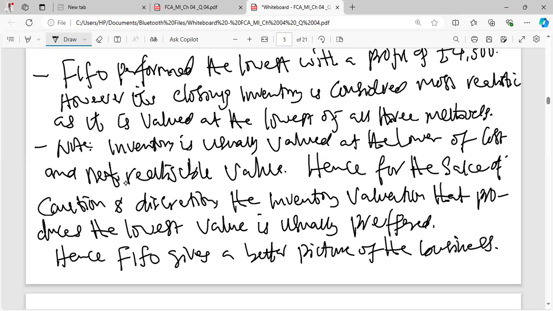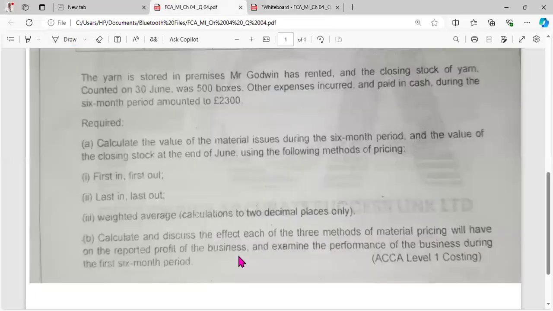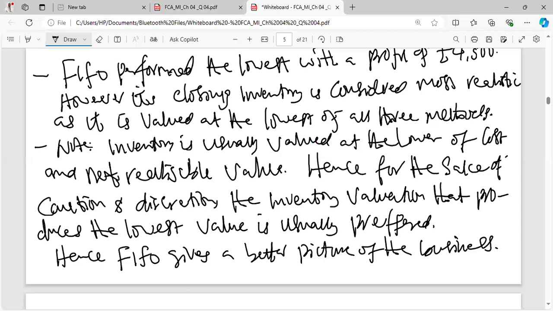That's it. We've answered all of these questions. We've examined the performance of the business during the first 6 months period. So that's what you are expected to do at this question. I do believe that I've been able to shed light on how this assignment or this question is going to be answered.